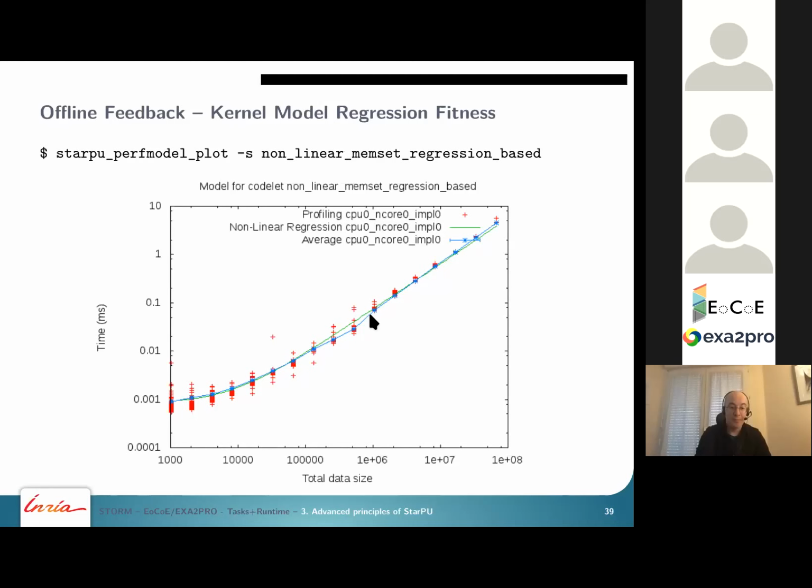So you don't need to make measurements for each and every size that you will use in your application. You just need to make measurements for representative sizes, check the look of the performance model with this command, and then you can say, okay, the performance model is good. I can let StarPU use it to make interpolation of the expected performance of the codelets.